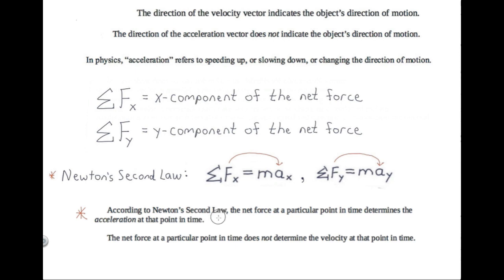According to Newton's second law, the net force at a particular point in time determines the acceleration at that point in time. The net force at a particular point in time does not determine the velocity at that point in time.